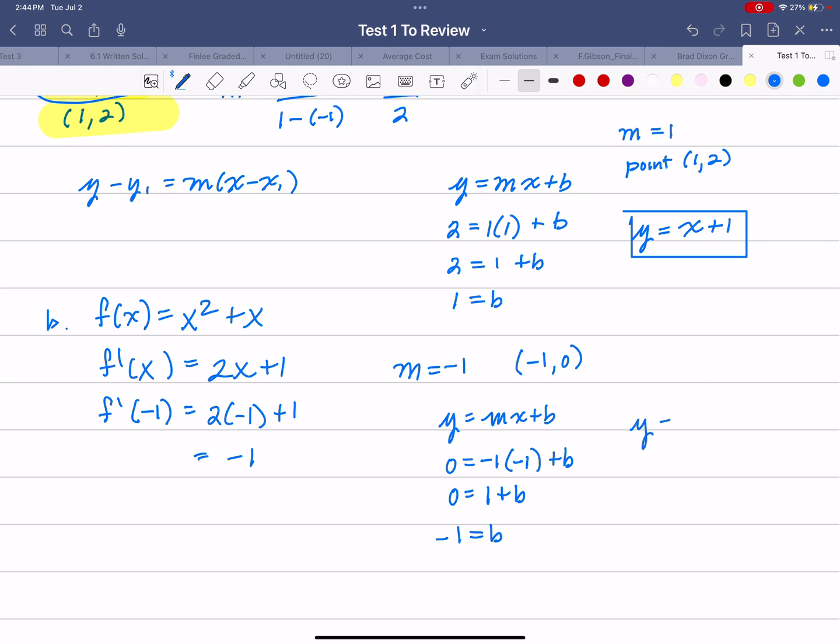So y equals -1x minus 1. And we typically don't write the -1 or the +1 as a coefficient. So my answer there is y equals -x minus 1. That is my equation of my tangent line to the function f of x equals x squared plus x at specifically the point -1, 0.